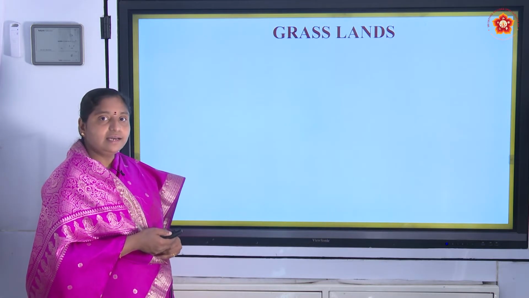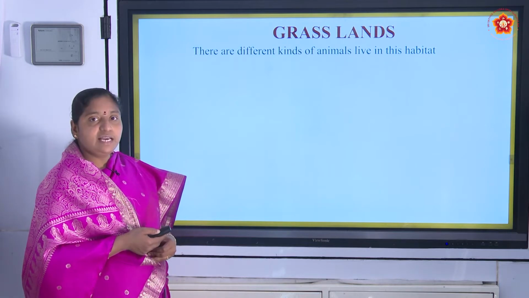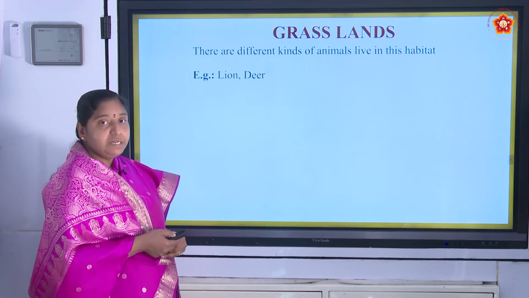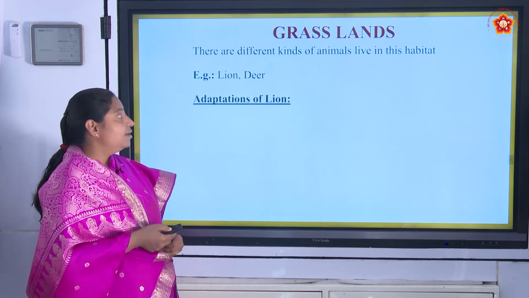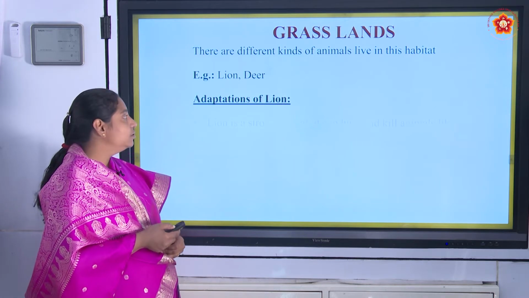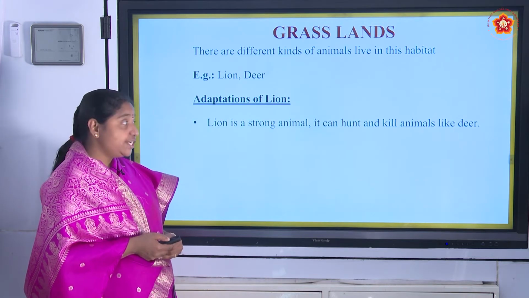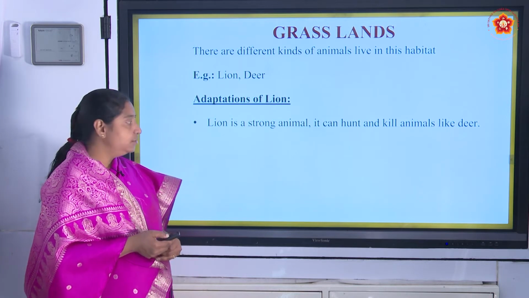Next is grasslands. There are different kinds of animals that live in this habitat. Example, lion, deer. Now we will see the adaptations of lion. Lion is a strong animal. It can hunt and kill animals like deer.